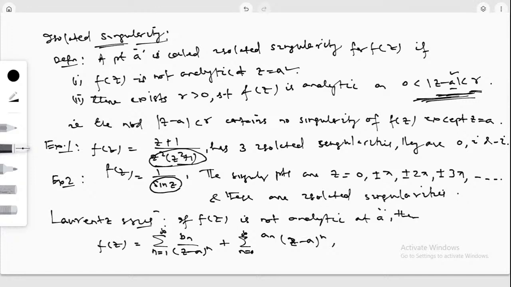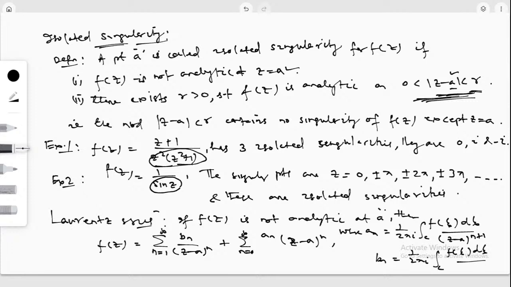And you already know an and bn, where an is 1 by 2 pi i integration over c of f of zeta d zeta divided by (zeta minus a) to the power n plus 1. Similarly, bn is 1 by 2 pi i integration over c of f of zeta d zeta divided by (zeta minus a) to the power minus n plus 1.